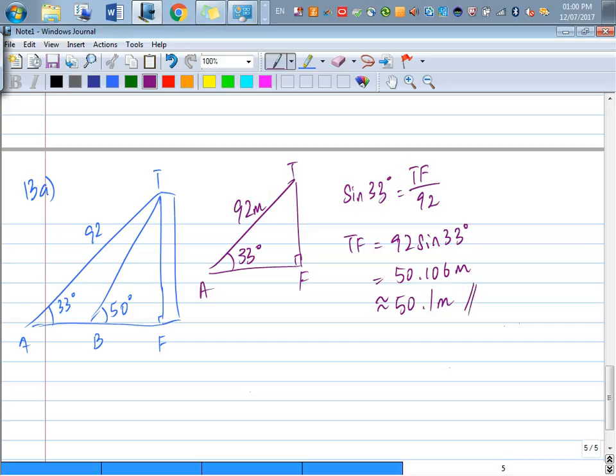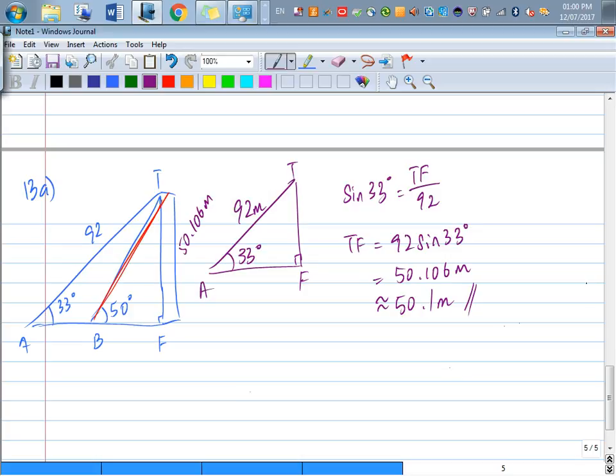Now part B, we want to find the distance BT. Okay, over here. BT. We have the height from previously, which is 50.106. I am going to write down the value 50.106 here in my diagram, so it is easy for me to refer, and I do not want to put in a rounded value, because that's not very accurate.